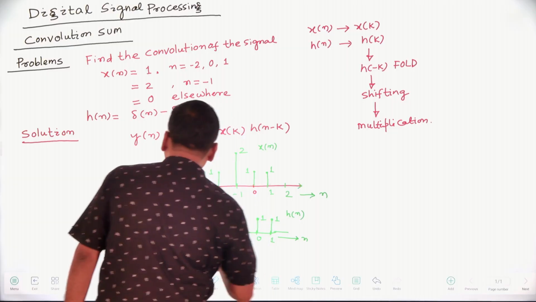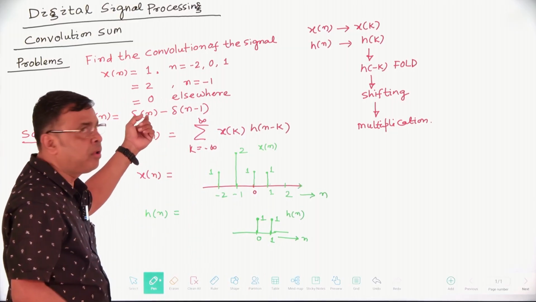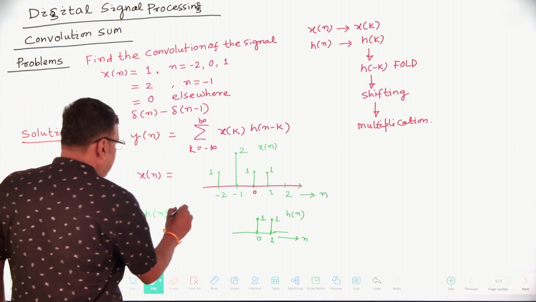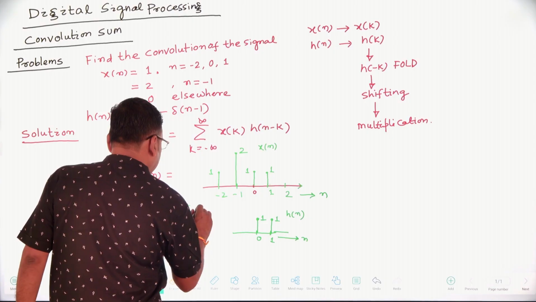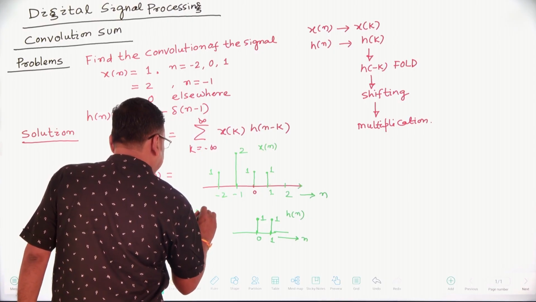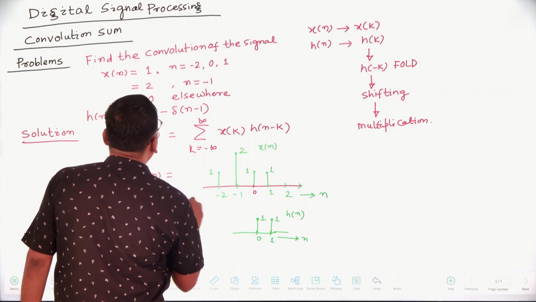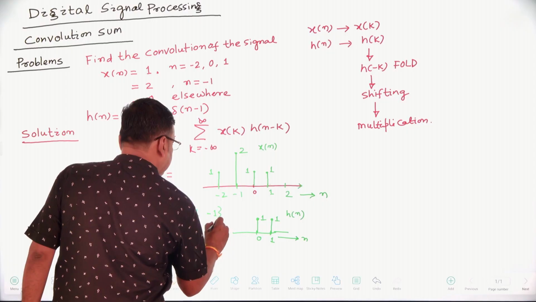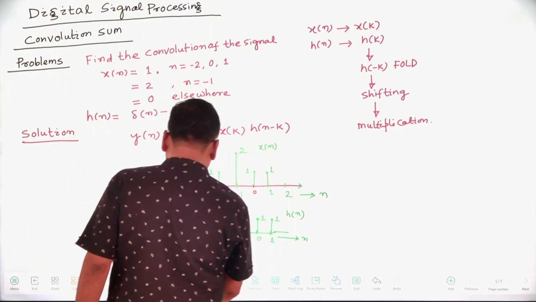So h of n is here represented by means of shifted and scaled impulses. For n equal to 0, that is 1, and for n equal to 1 also, that is minus 1, because this is your minus 1. At n equal to 1, that is minus 1 here.